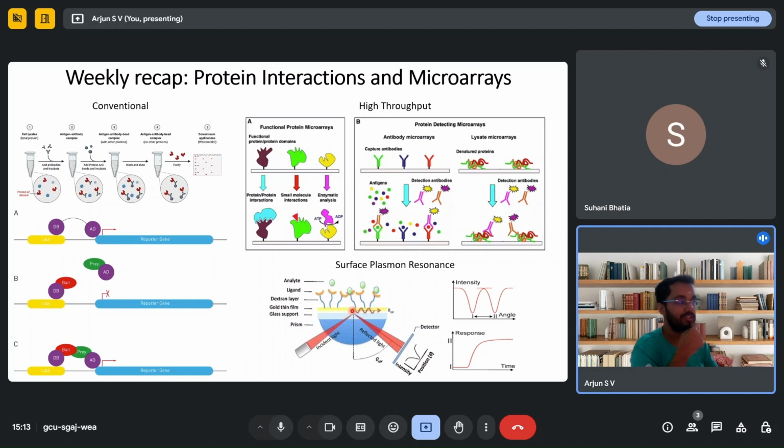The plasmons in this gold thin film start to excite and emit energy which is tracked through the intensity at this position. Once your analyte binds to your ligand, this causes a change in the reflectance angle of the gold thin film, and therefore a reduction in the intensity.